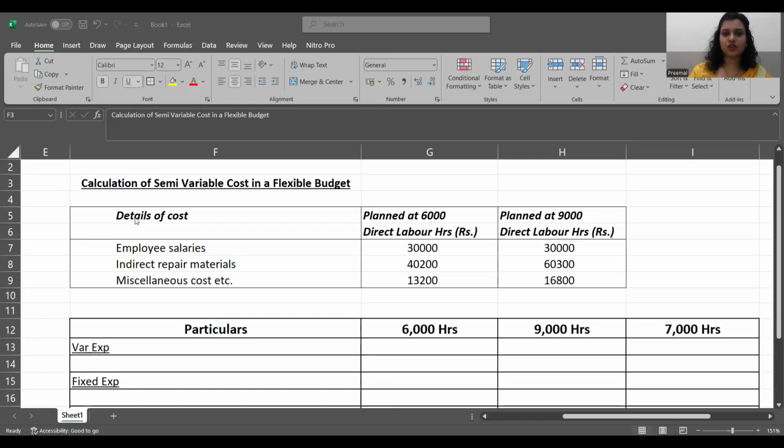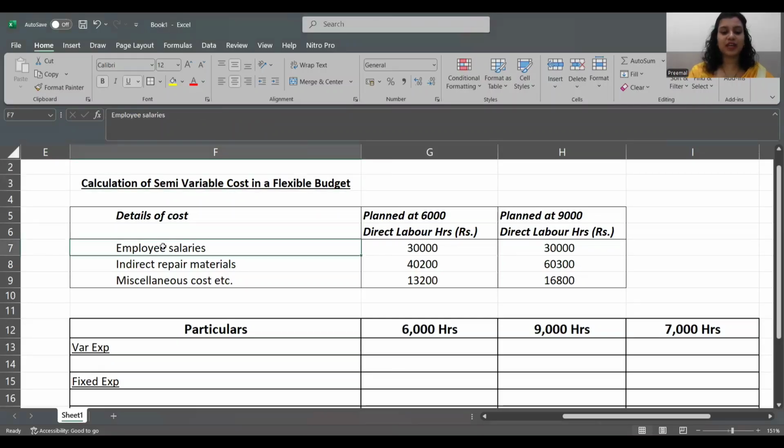In case of fixed costs, the amount remains the same irrespective of the units or hours of production. In case of variable cost, the cost per unit will remain the same irrespective of the units or hours of production. Now let's check which is a semi-variable cost, which is a fixed cost, and which is a variable cost.